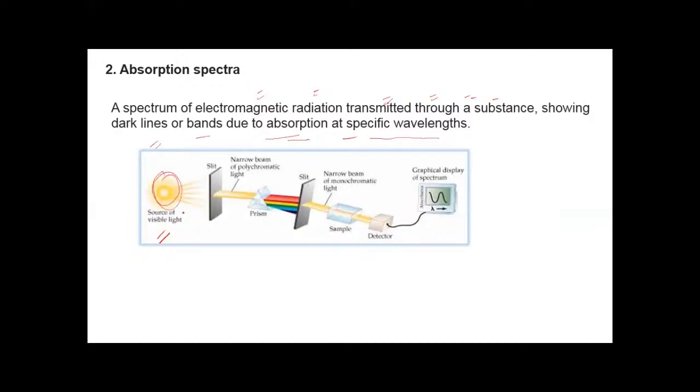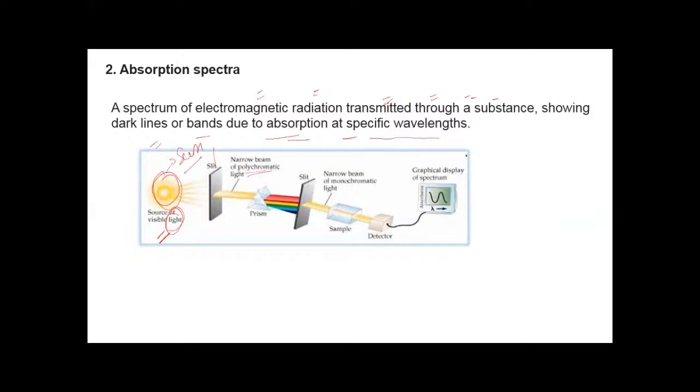So this is white light. Suppose this is the sun. White light comes from it. We place a slit. What does this slit do? This will allow only a few rays which are parallel to this slit. And these rays are polychromatic.